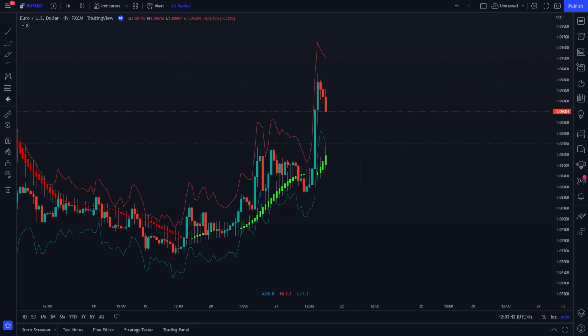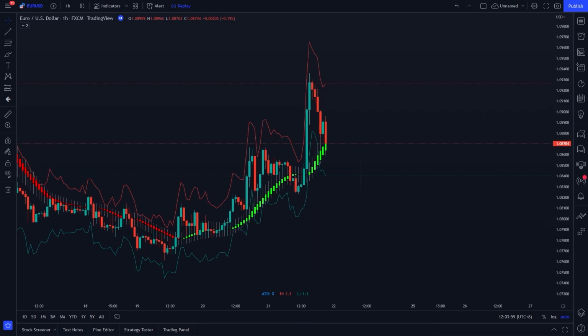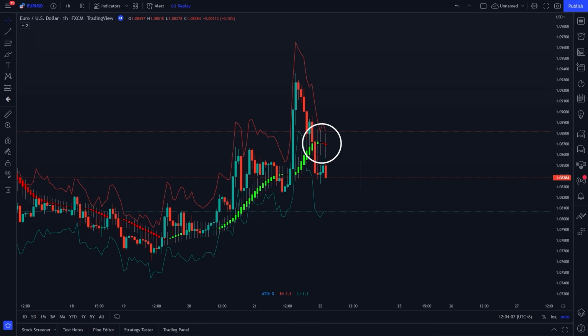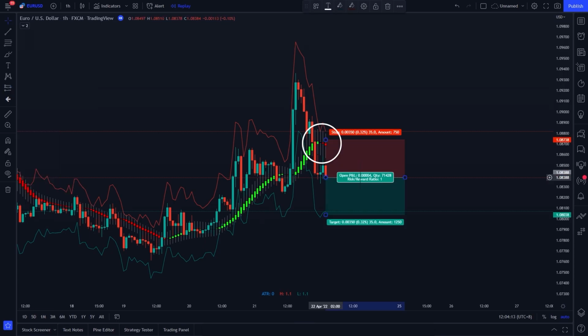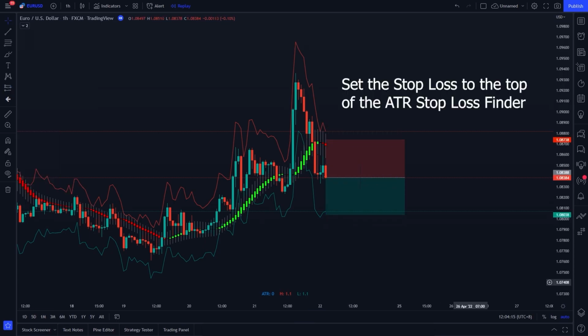Now you can see in the chart. The Heiken Ashi Smooth Candle color is green. When the Heiken Ashi Smooth Candle color changes from green to red, go for sell or short transaction. Set the stop loss to the top of the ATR Stop Loss Finder.